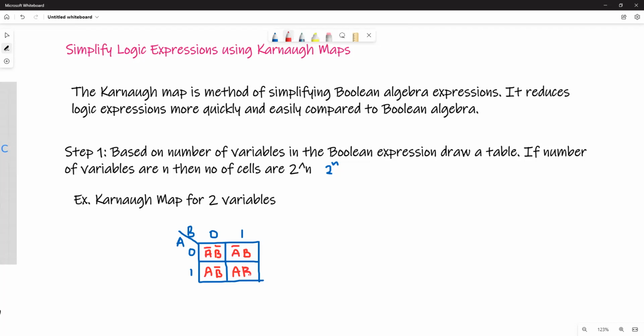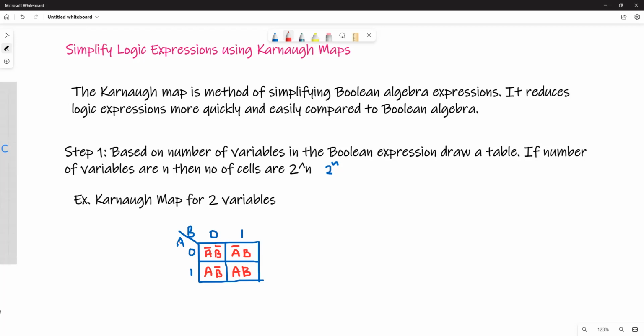So this is how we draw a map. In the map, we have two variables, and we represent all possible combinations of these two variables. When the value is 0, we usually say bar.